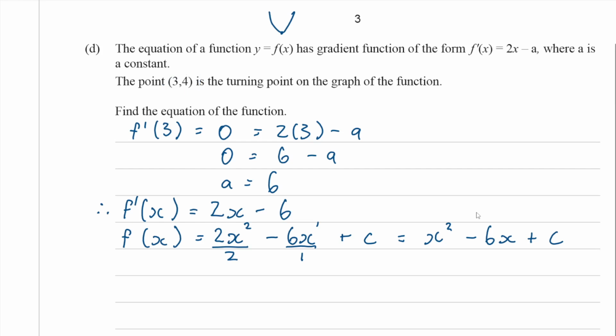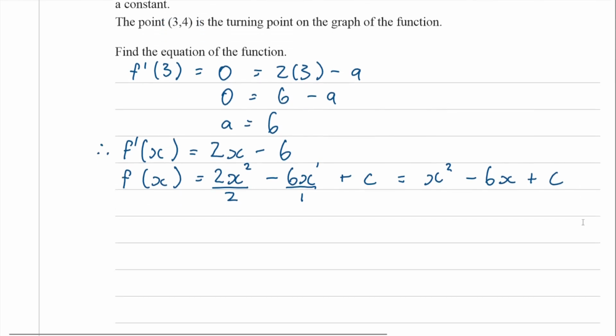So we are given a point, 3, 4, so let's substitute. So just to make it a bit more clear, I'll rewrite this as y equals x squared minus 6x plus c. We are substituting the xy value, 3, 4. So in for y goes 4, in for x goes 3.